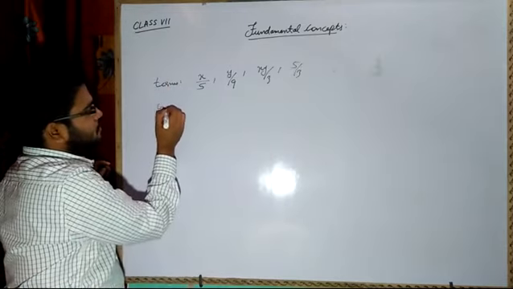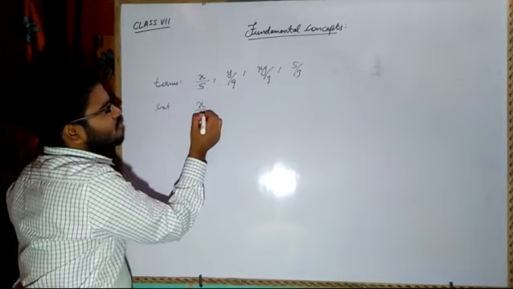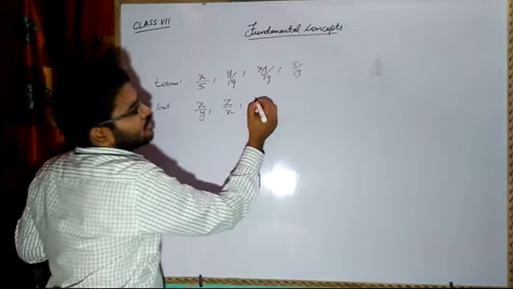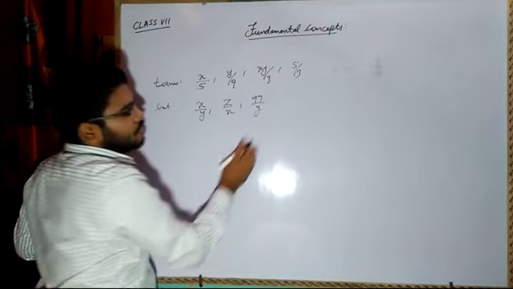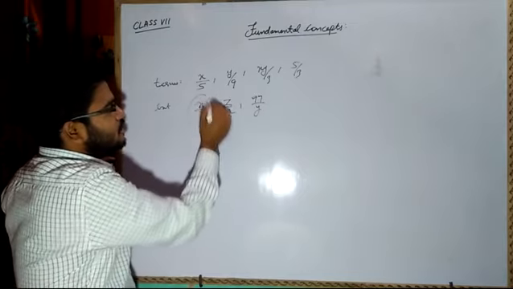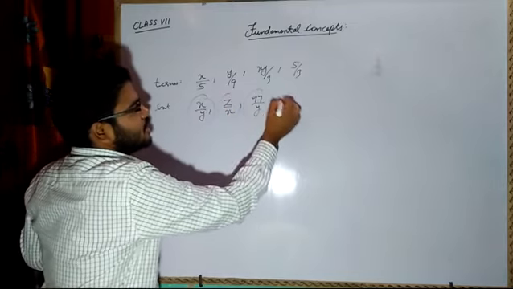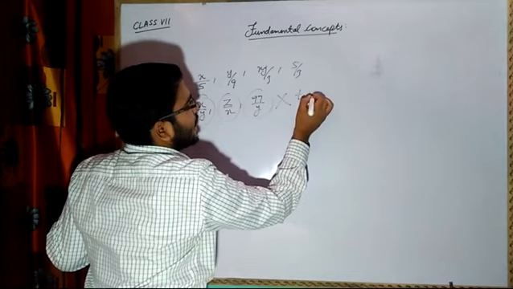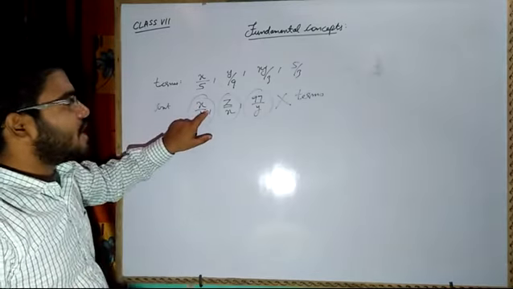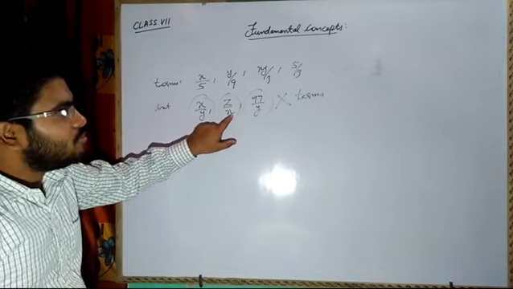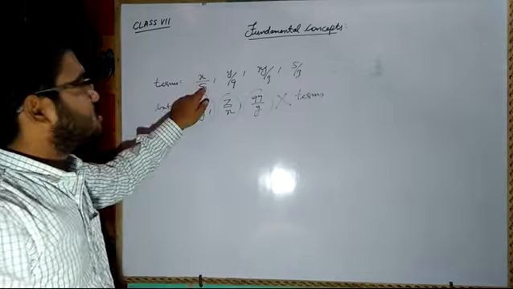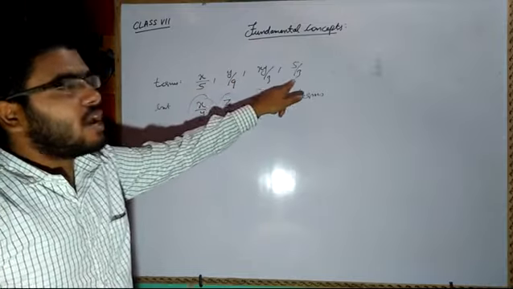But if I have x upon y, z upon x, 99 by y, if we have these types of symbols, then these will not be called terms. Why? Because the variable is having a negative power. A constant is not having a negative power here, right?